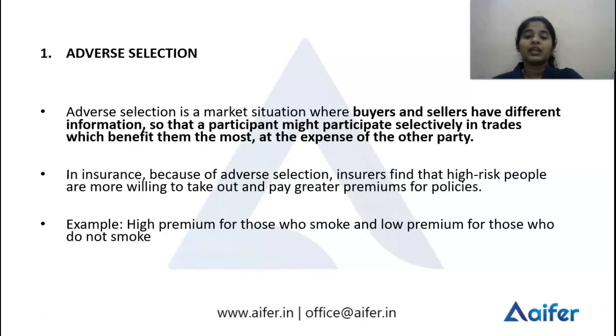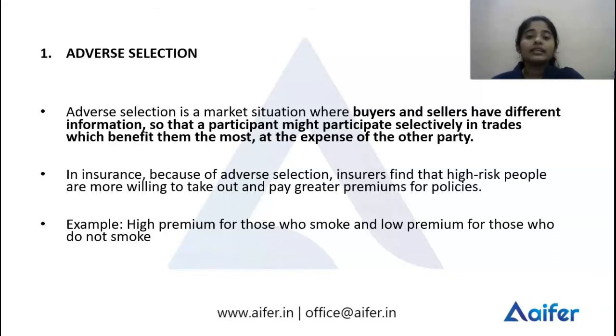Adverse selection is a market situation where the buyers and the sellers have different information, so of course, asymmetric information, so that one party might participate selectively in trades which benefit them the most, at the expense of the other party.